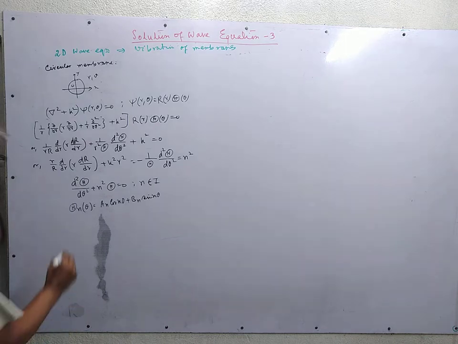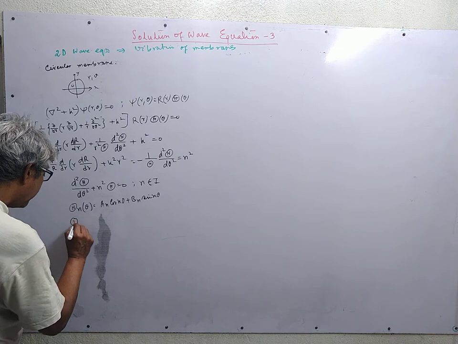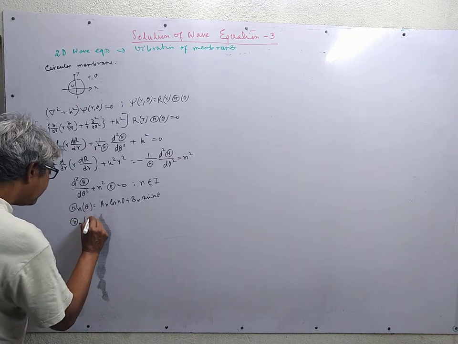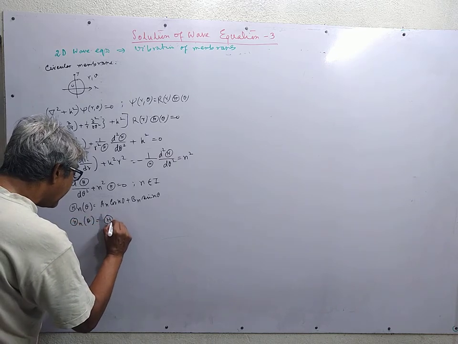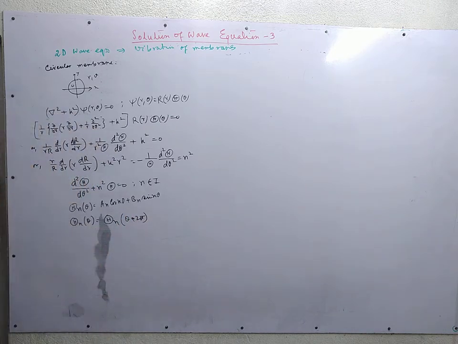Otherwise the periodicity condition will not be satisfied. Θ_n(θ) = Θ_n(θ + 2π), which indicates that n has to be an integer.